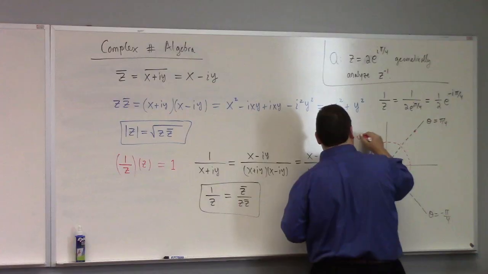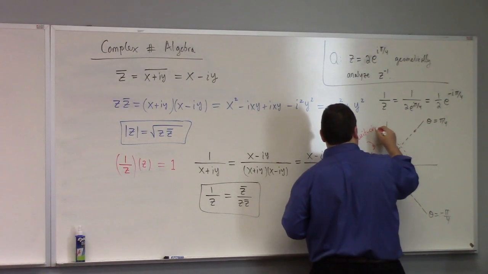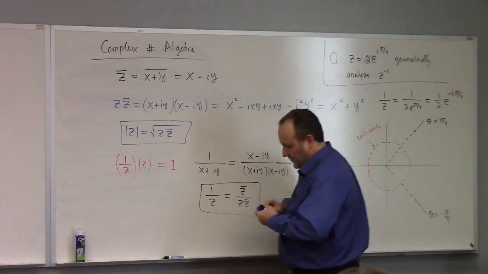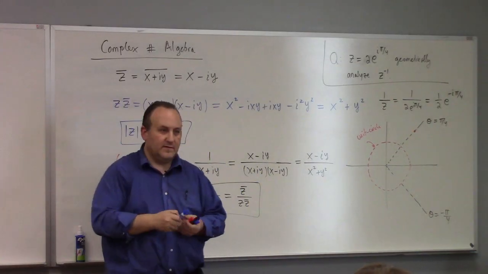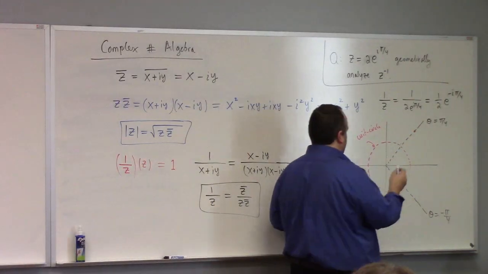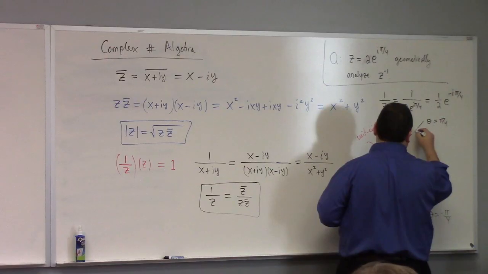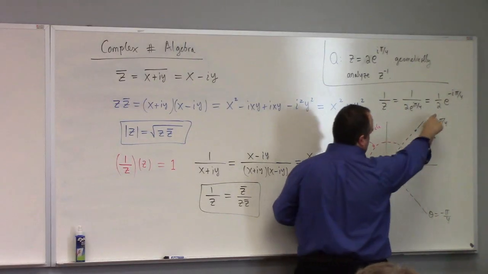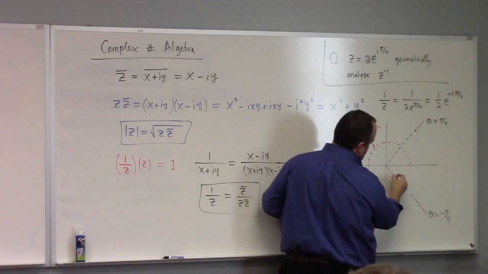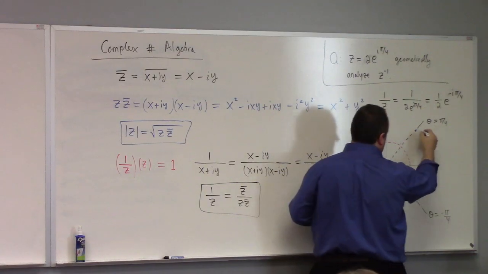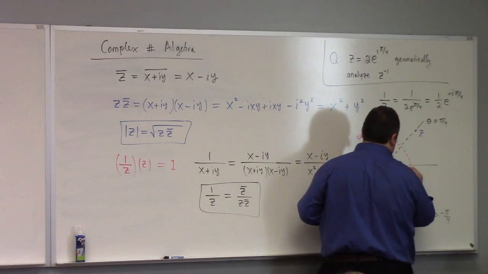Here's the unit circle. So the number here is distance 2 from the origin, and reciprocating the complex number has the net effect of moving it distance 1/2 from the origin and down here, right? Here's z inverse.